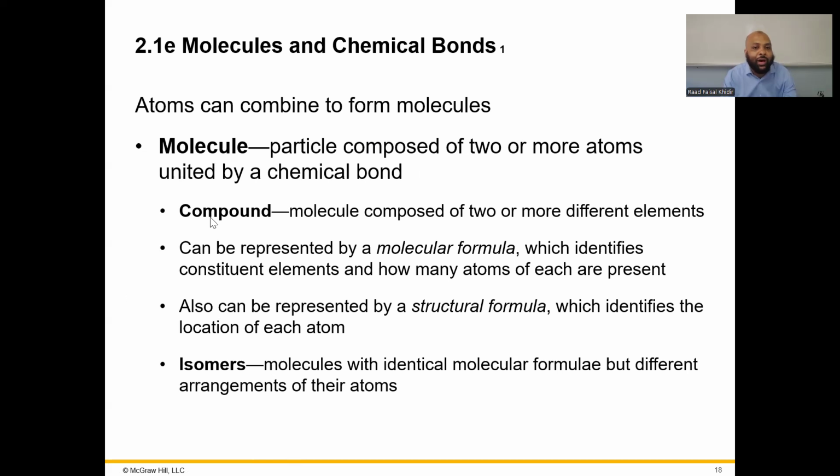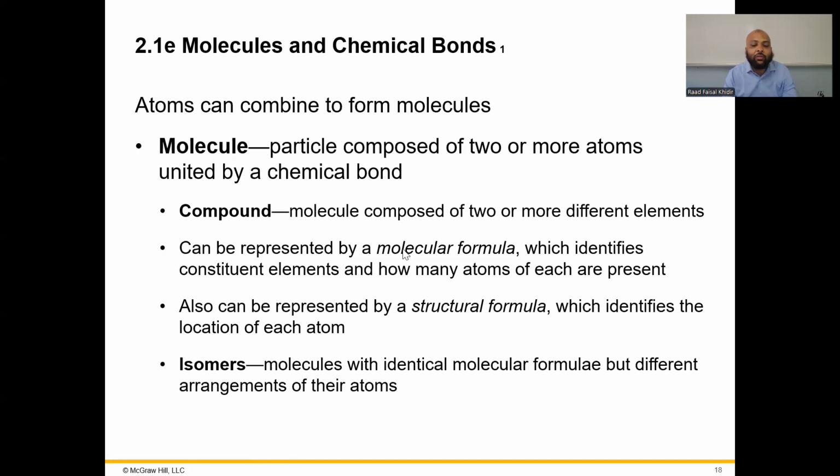So what's a compound? A compound is a molecule that is composed of two or more different elements. It can be represented by a molecular formula, which identifies the constituent elements and how many atoms of each are present.